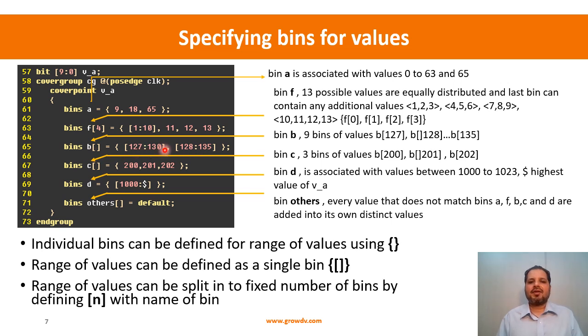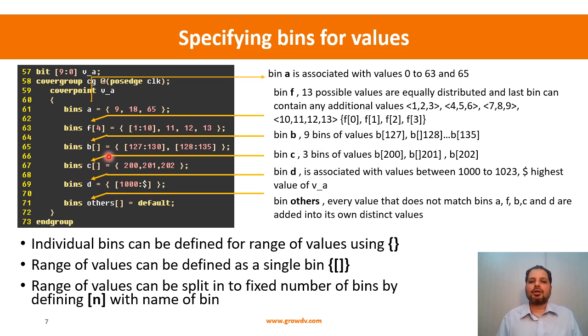Even when we have a range, it will unroll this range. In this case, it will become 127, 128, 130, and we have certain overlap. The overlap will be ignored, and then the continuation of 131, 132, 133, and so on up to 135. For each of these values, one bin will be created, so a total of 9 bins will be created from B0 to B8.